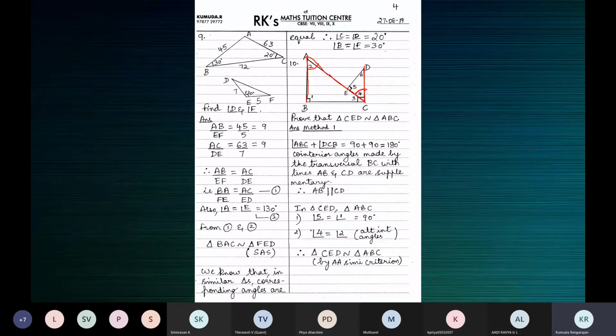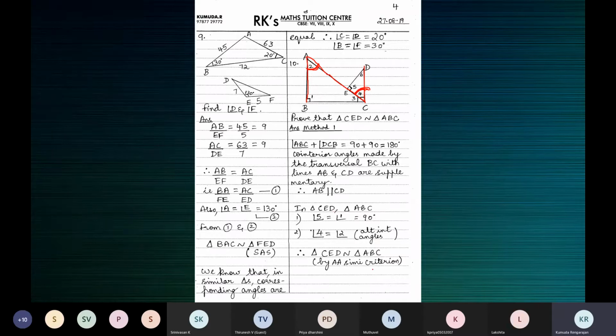You will have to write one angle of the small triangle equal to one angle of the large triangle. Why? Because alternate interior angles are equal. So this is sufficient. Now, by AA similarity criterion, the two triangles are similar to each other.